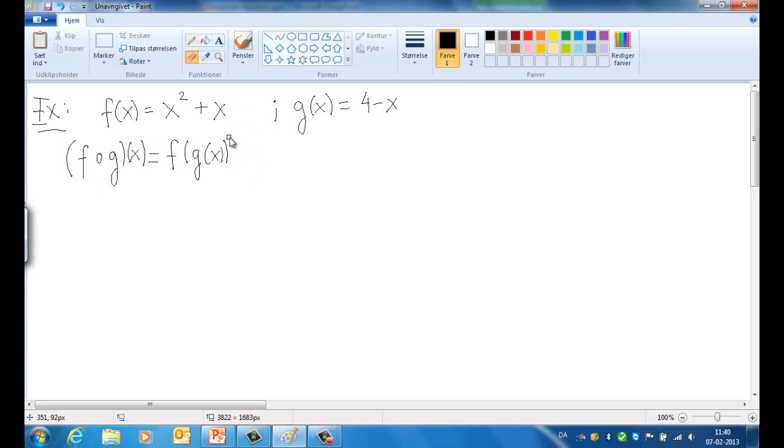In this example, where g(x) is defined as 4 minus x, that will be equal to f of 4 minus x.